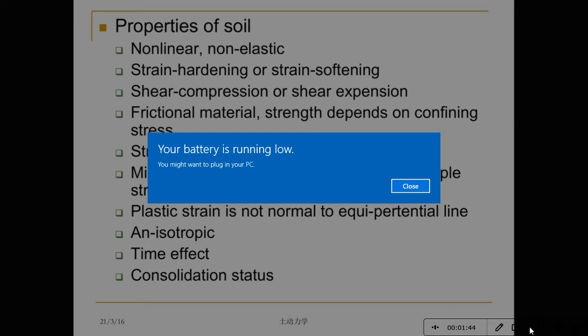When we apply the same load, the normally consolidated soil will have a larger deformation, but the over-consolidated soil deforms not so much. That means the properties of soil also depend on the consolidation status.